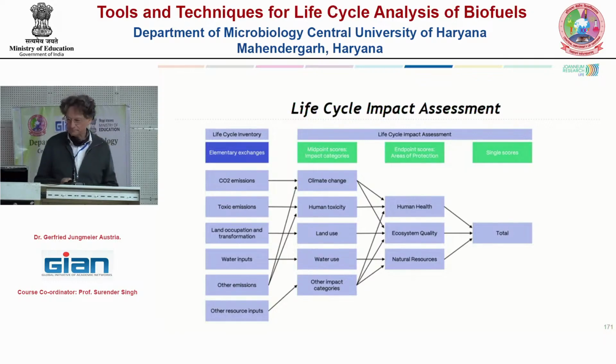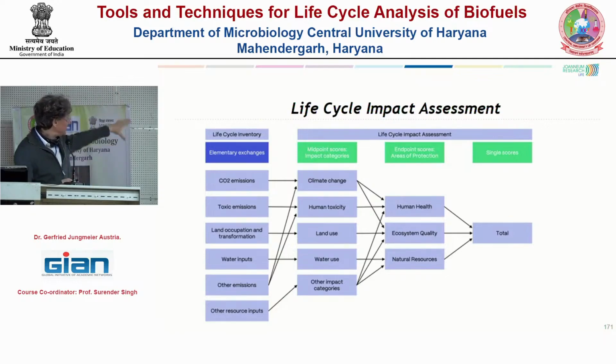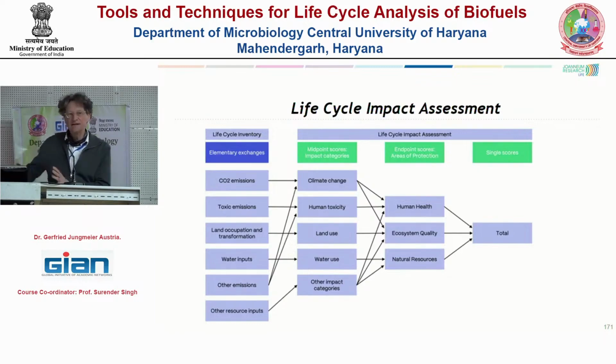Yeah, and what you see here on the left-hand side, these are really from the life cycle inventory, the CO2 emissions, the toxic emissions, the water inputs, and the other emissions. And we've already seen yesterday these different ways towards further summarizing more and more of these impacts into several categories. And the first step is this midpoint score impact categories.